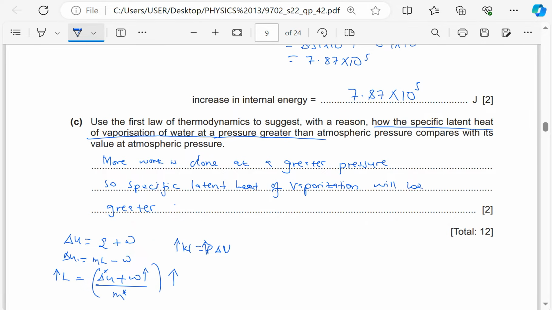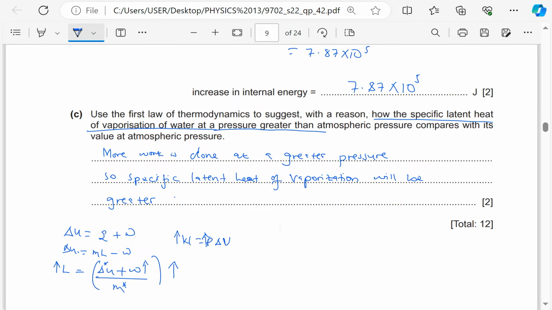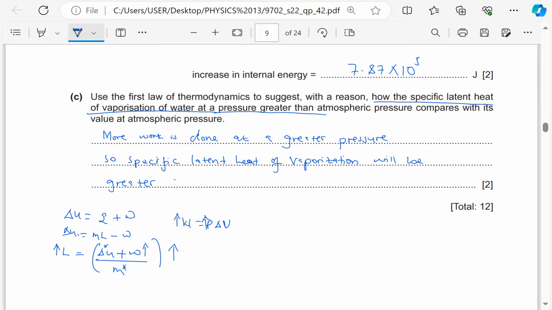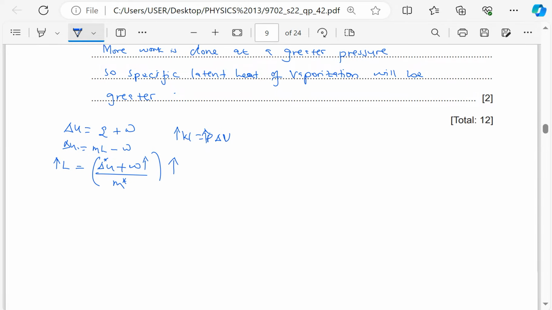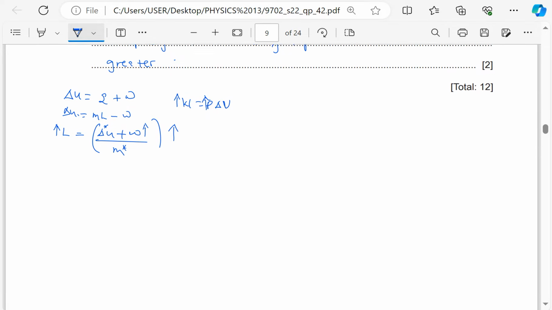Because more work is done at the greater pressure, the specific latent heat of vaporization will also be greater. More heat will be required to push against the atmosphere, to overcome a bigger change, or to compensate for the bigger pressure difference.